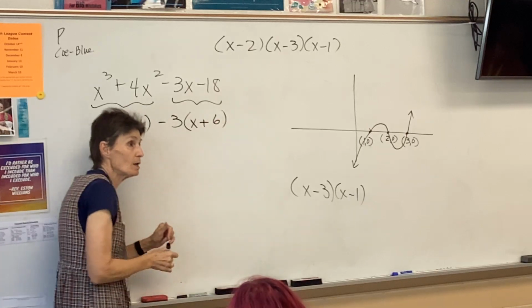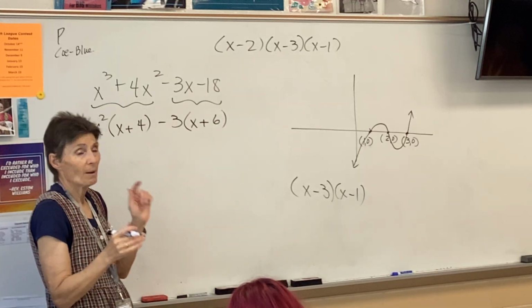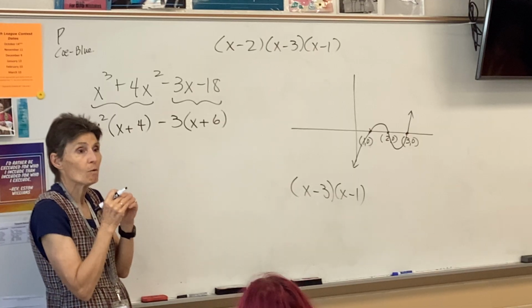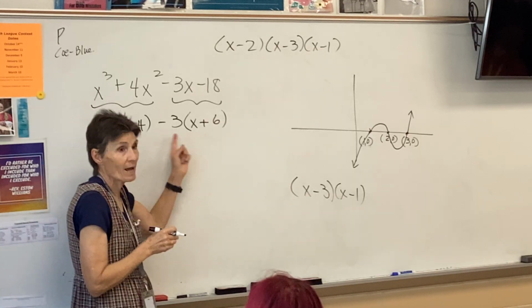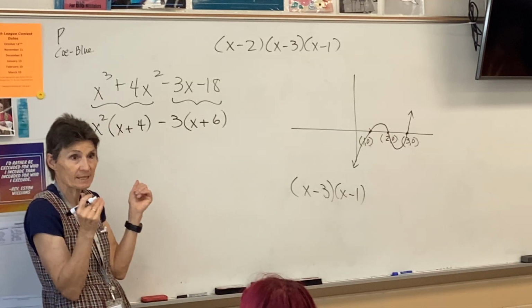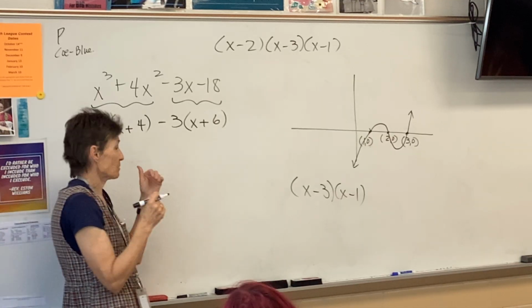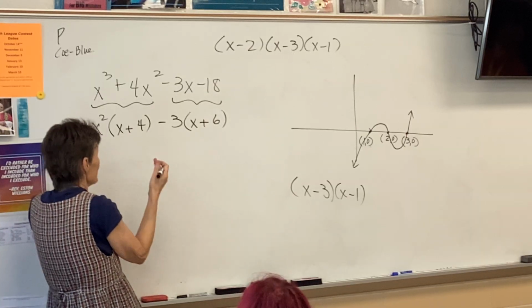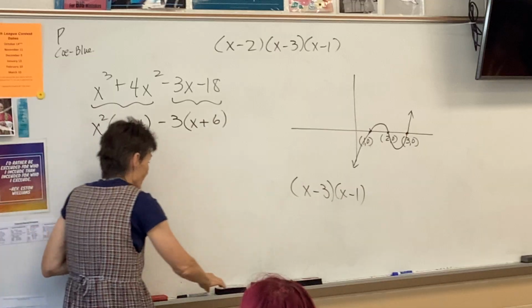That is true. But they don't match. And if these guys don't match, you can't go on in the problem. It ends here. So this problem, while you certainly can do some factoring, does not factor by grouping.